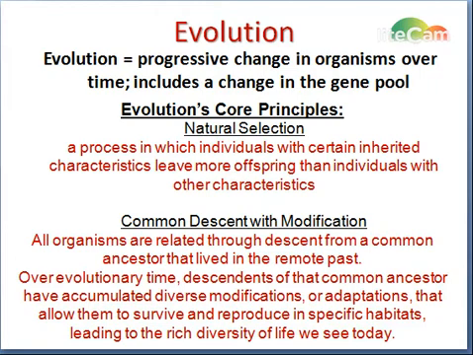And this common descent with modification is the other core principle, that all organisms are related through descent from a common ancestor that lived in the very distant past. And over time, descendants of that common ancestor accumulate diverse modifications or adaptations that allow them to survive and reproduce in a specific habitat, which leads to this rich diversity of life that we see today.